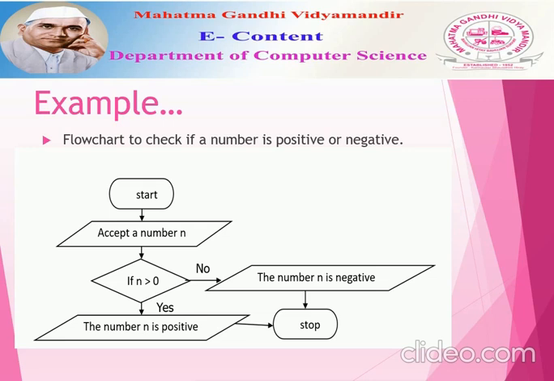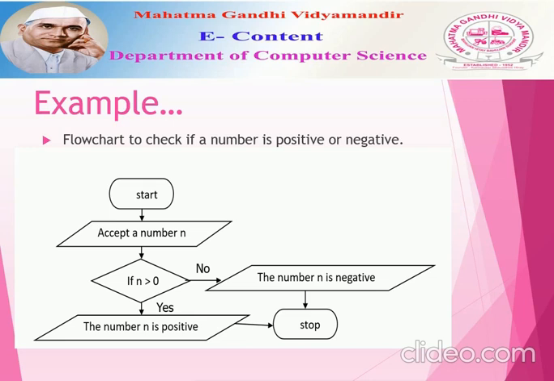So for condition we have used the decision symbol. See, if n is greater than 0, so there are two arrows. If yes, then it will go further. If no, it will go right side. Getting?